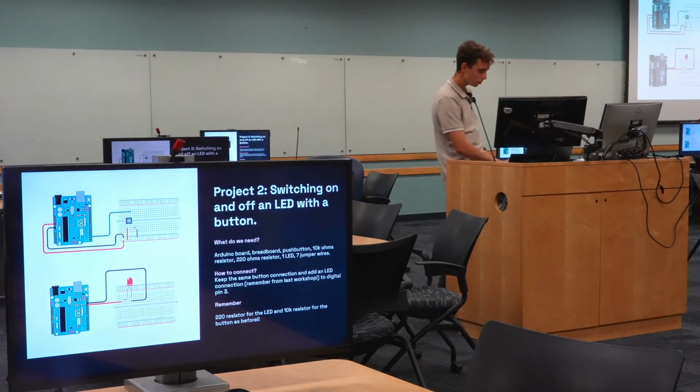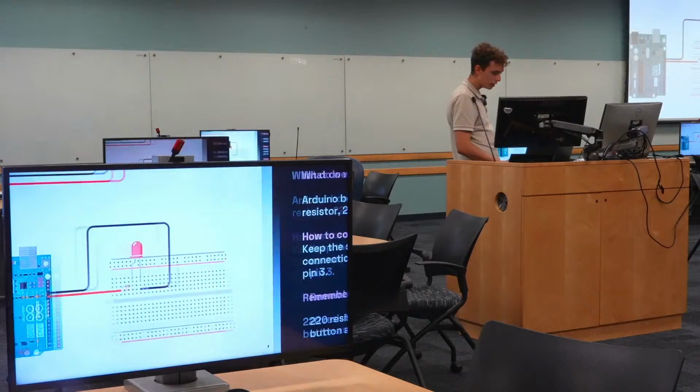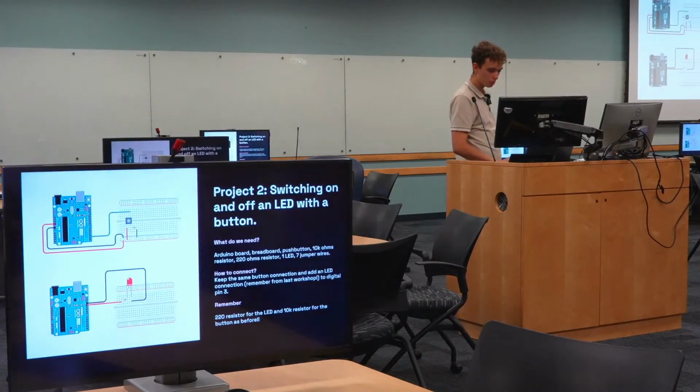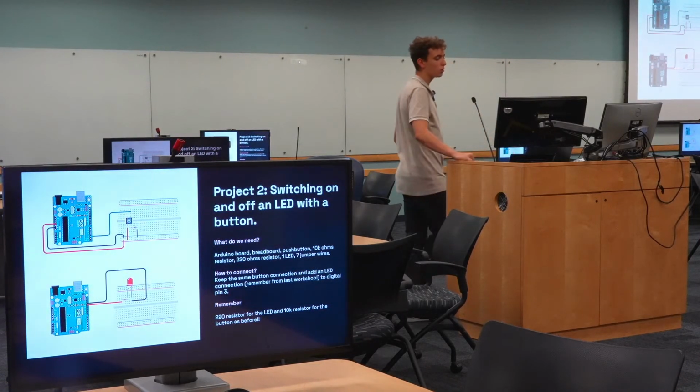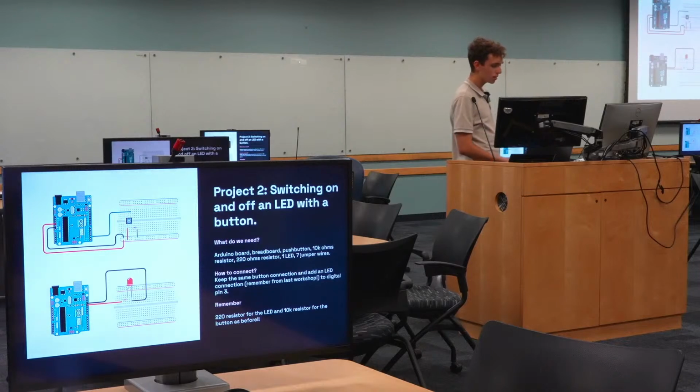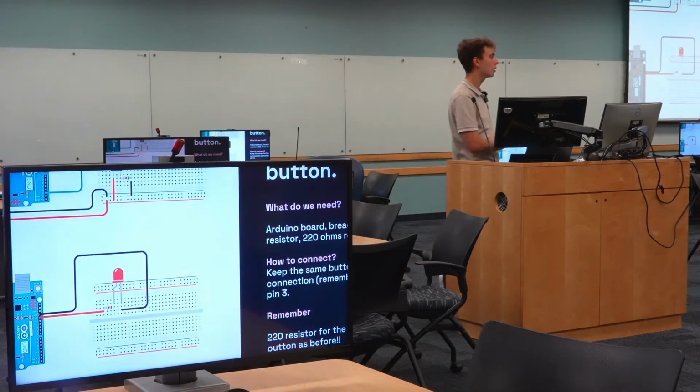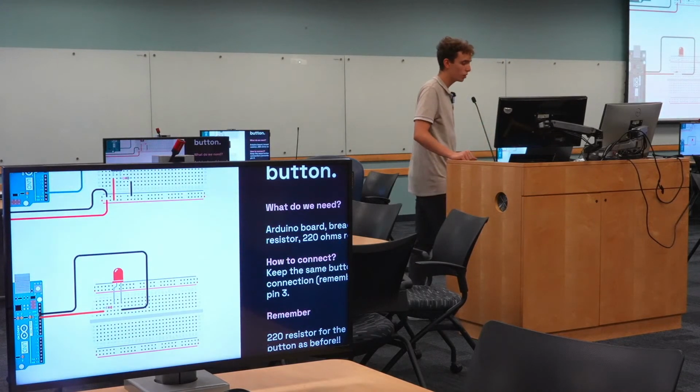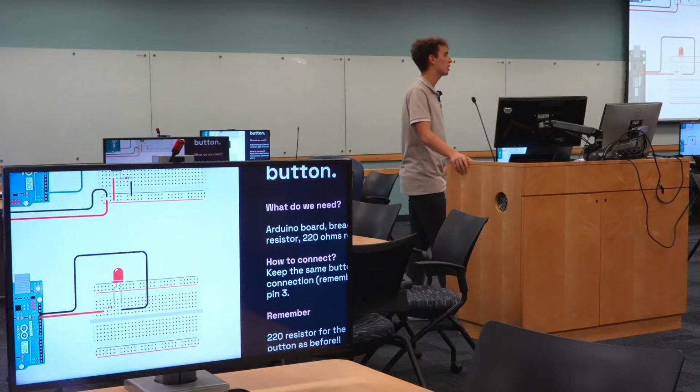So for the LED, remember, you need to pick up one 220 ohm resistor, and for the button you don't need to change anything. Just as in the previous workshop, just wire the LED part, and we're going to switch on and switch off an LED based on the input provided by the digital read from the button.